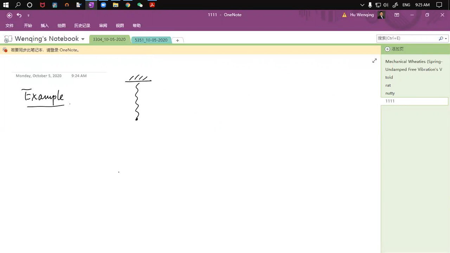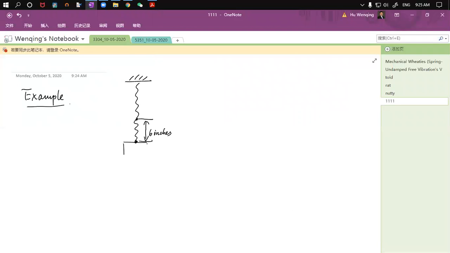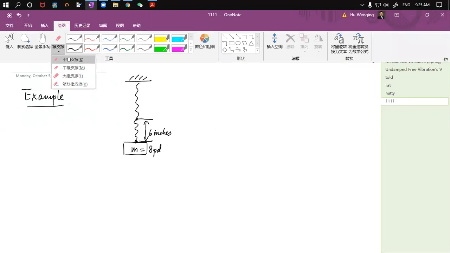This is the original length of the spring. Now it is stretched 6 more inches, right? So the initial stretching is given by 6 inches. It is stretched by a mass that weighs 8 pounds. So you can draw the mass here. So sorry, this is not the mass, it is the weight, right?